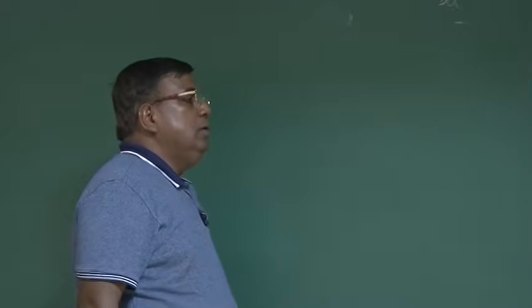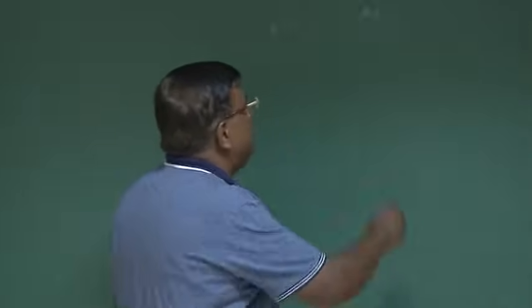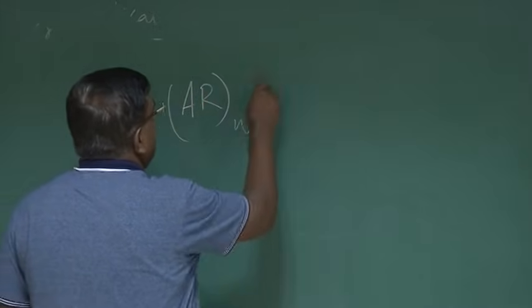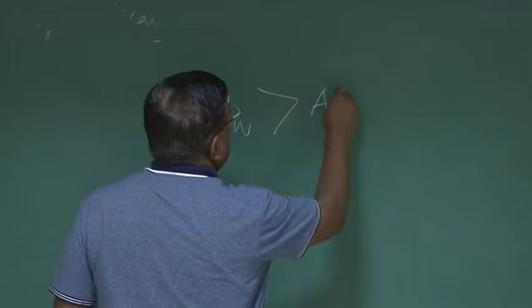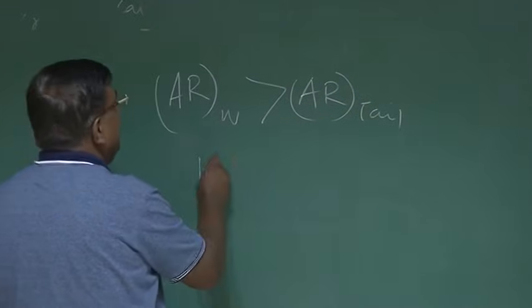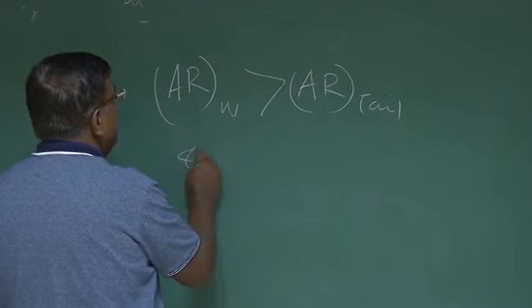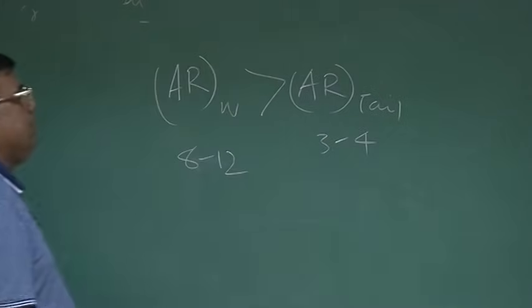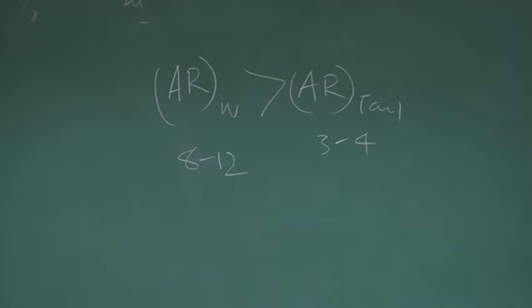You should also understand one thing, that the aspect ratio of the wing is always greater than the aspect ratio of the tail. Typically, if it is 10 to 12, or let's say 8 to 12, it is 3 to 4 or 5. What is the reason?